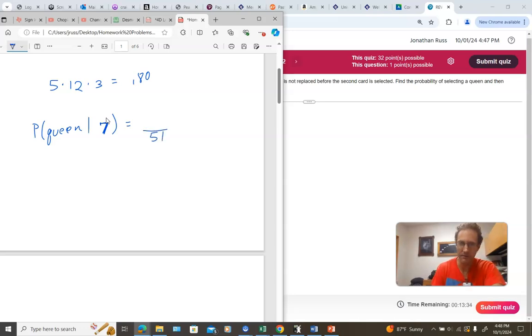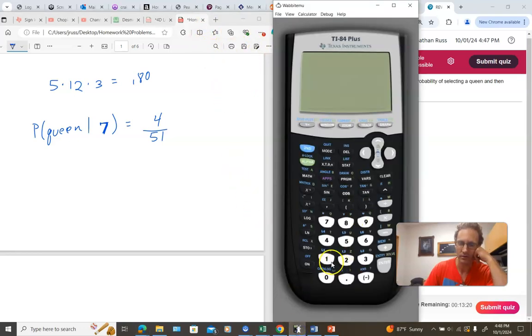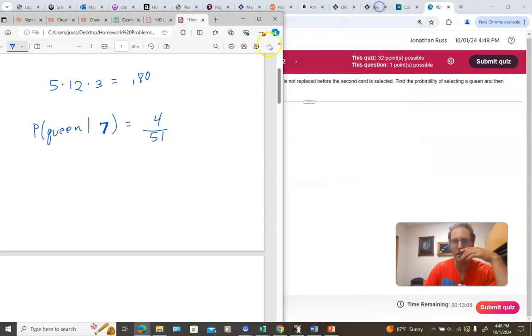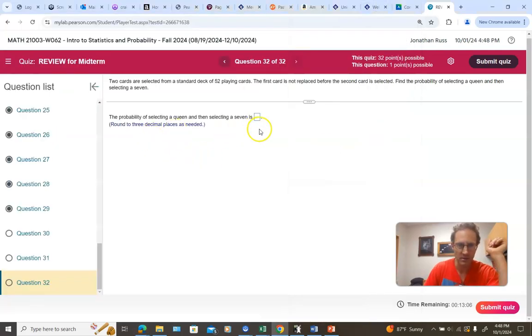And of those 51, there's still 4 queens, because the card that we selected was a 7, so the 4 queens are still in there. So this should end up being 4 out of 51. We can do it real quick. 4 divided by 51. I think it's set to round to 3 decimal places. This would be 0.078.